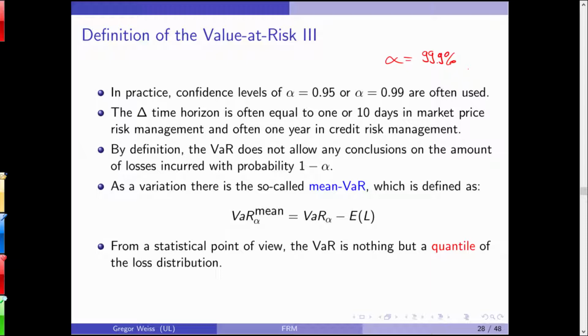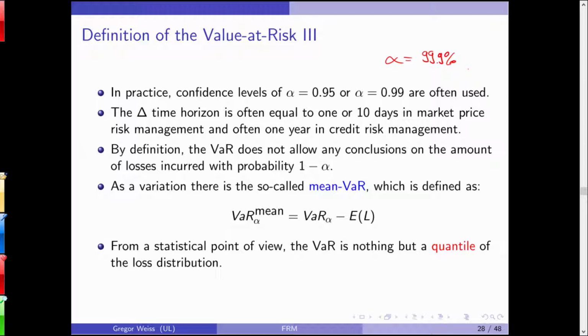Now, in many textbooks, you could still read a definition that goes like this. The VaR is the loss that is only exceeded in up to 1 minus alpha % of all cases.